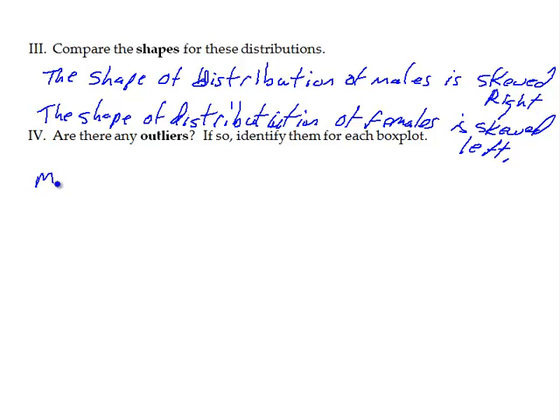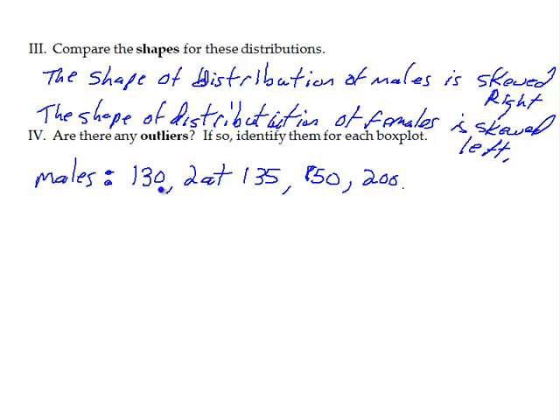The last one, are there any outliers? For males, we had some to the right. There was an outlier at 130. There were 2 outliers at 135, and then we had another one at 150, and then we had the last one at 200. So there were 4 outliers.